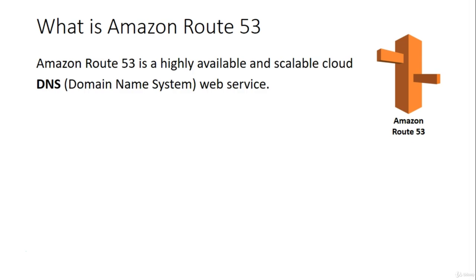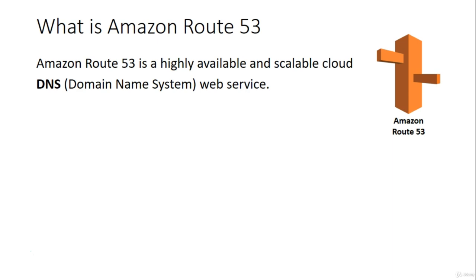Amazon Route 53 is a highly available and scalable cloud DNS web service. DNS stands for Domain Name System. You can think of DNS as a phone book of the internet. We access information by entering domain names like avionics.com. And what does DNS do?